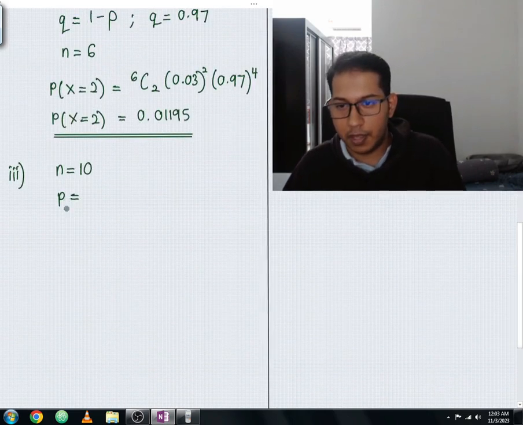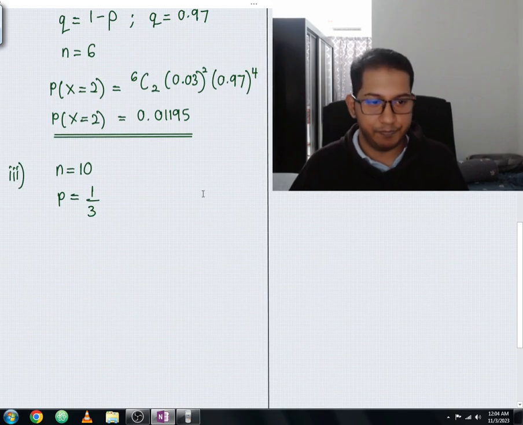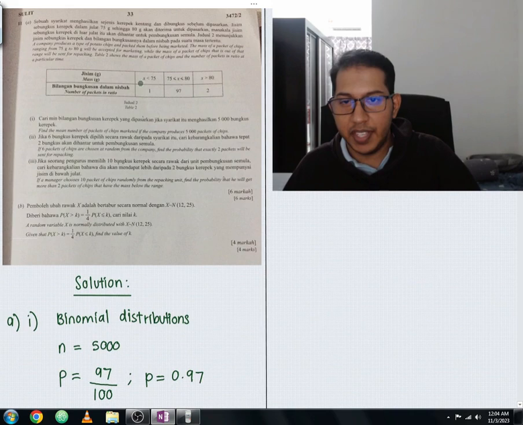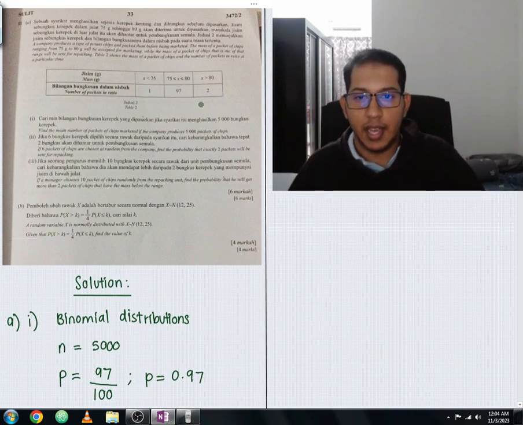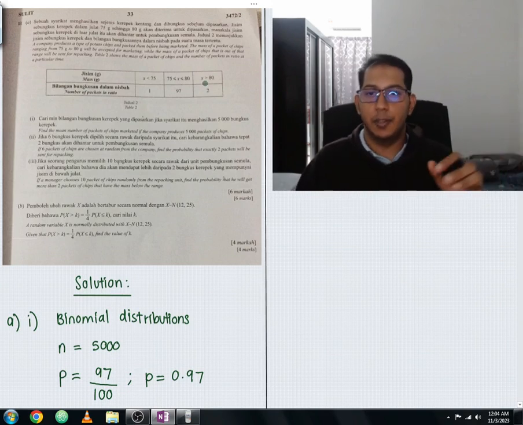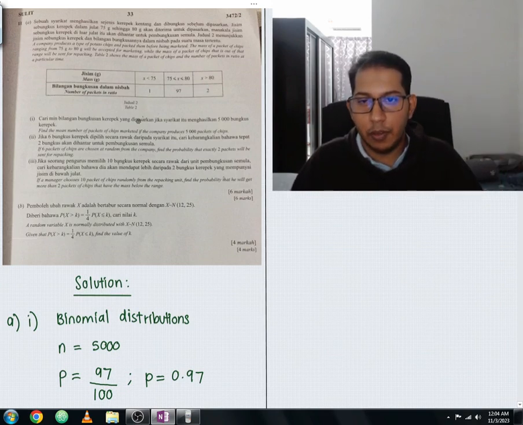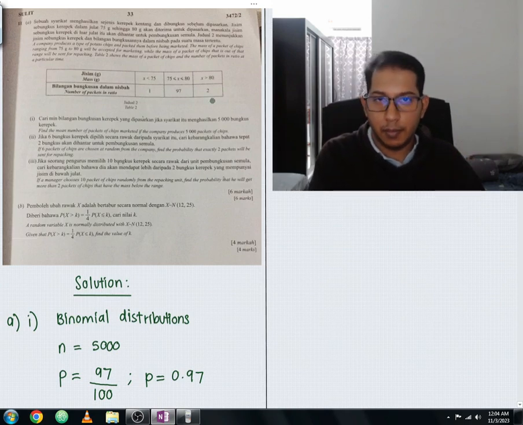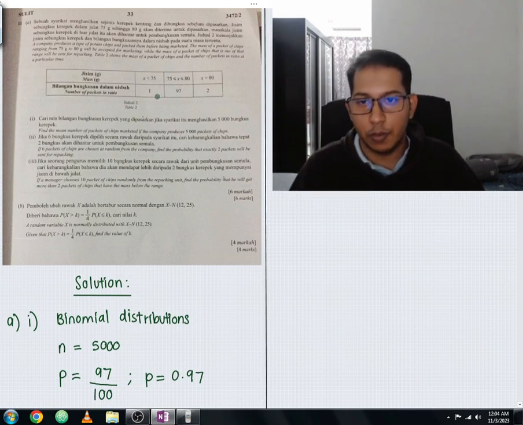So your probability of success will be equal to 1 over 3. This mass is below range, this mass is within the range, and this mass is above the range. So the ratio of below the range is 1, and the rest is within and above the range, which is 2 over 3. The mass below the range is 1 over 3, and the remaining is 2 over 3.